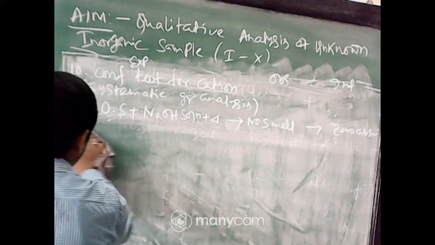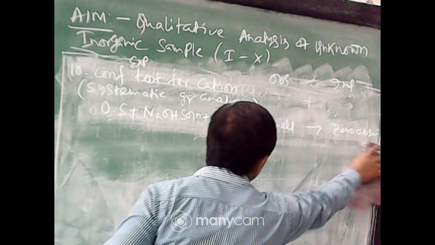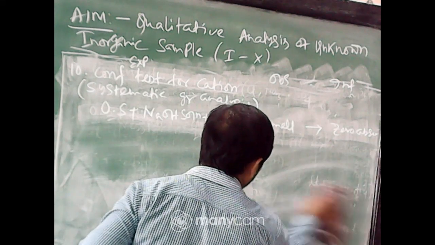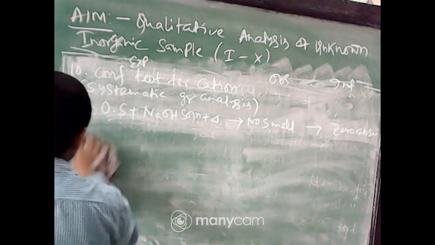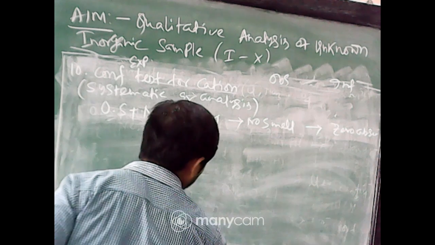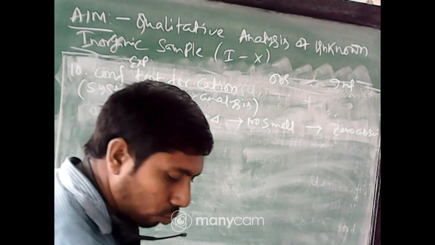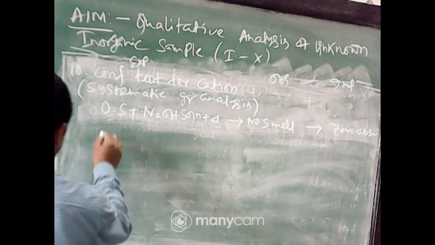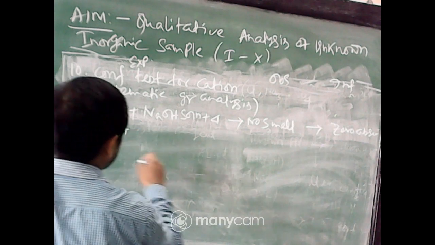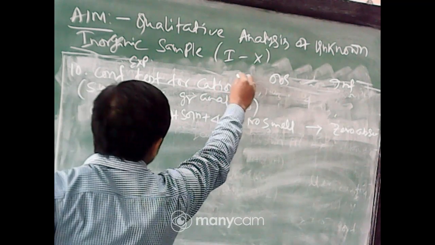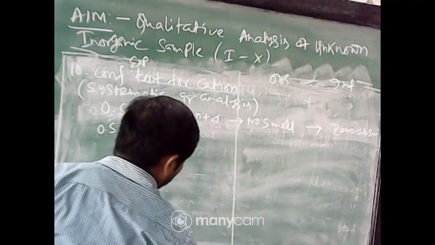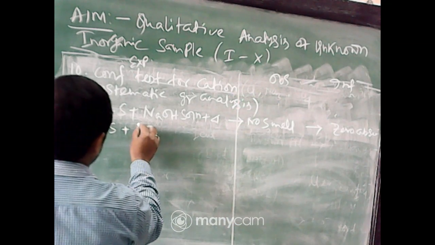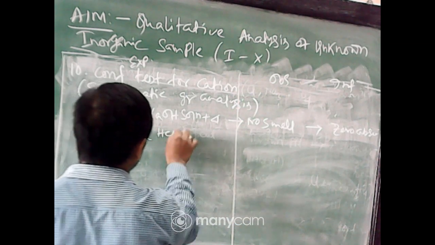Okay, now we will go for group 1. What is the group reagent for group 1? Just observe. You have to write these in the experiment column. OS plus dilute HCl.